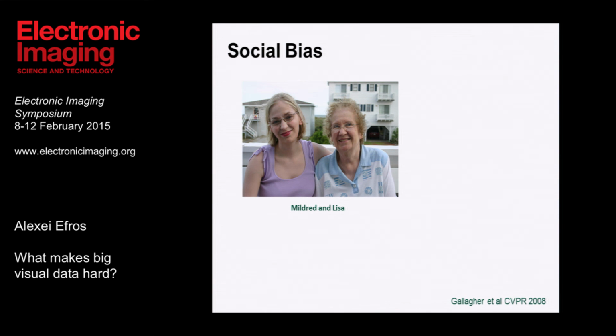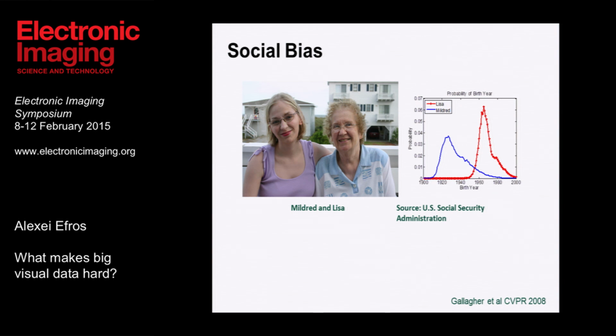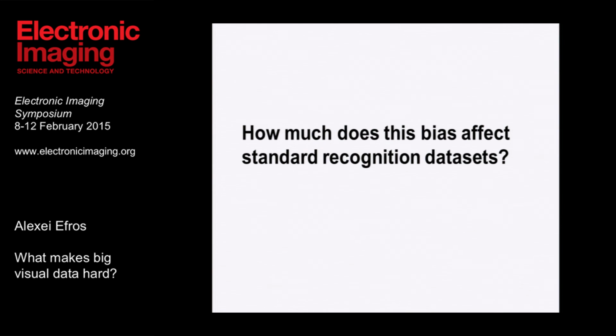Which one is Mildred? Right? It's the one on the right. Why? Well, because there is data from the Social Security Administration on the popularity of names, and names correlate very much with age. So again, you have these biases that are there, but we are sometimes not even consciously exposed to them.